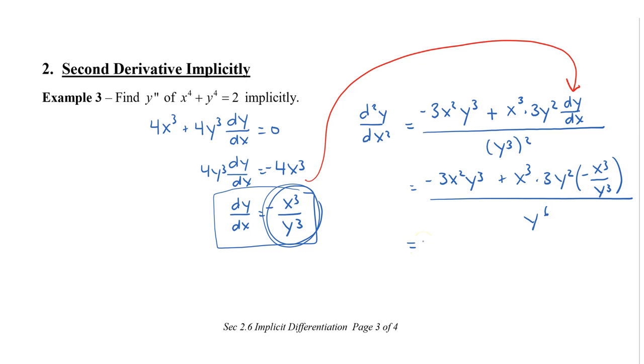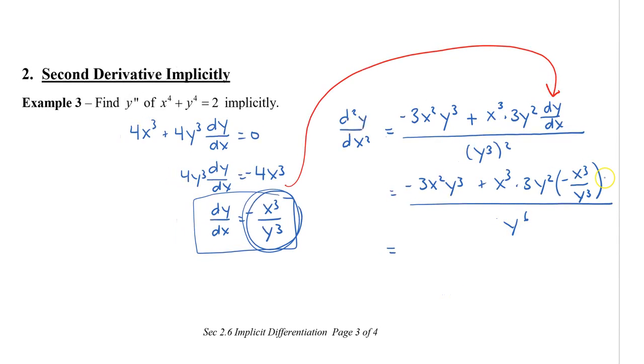Now, to get rid of this fraction here, what I'm going to do is times the top and bottom by y cubed. So then I'm going to have negative 3x squared y to the 6, and then minus 3x to the 6 y squared, all divided by y to the 9. And we can simplify more by dividing by y squared.